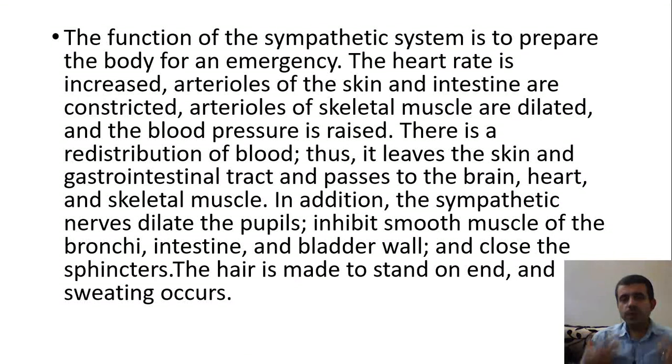Because the heart rate will increase, we need energy, so there will be constriction of the arterioles in the periphery, in the skin, but dilatation of the arterioles in the skeletal muscle. So we need more blood in the muscle because we may run or may fight, okay.